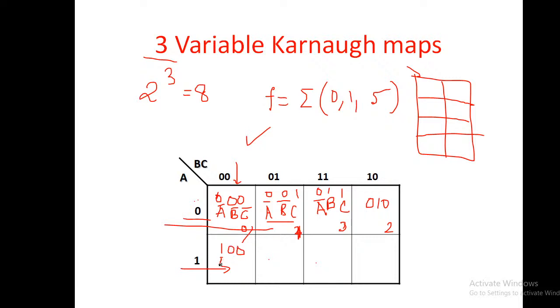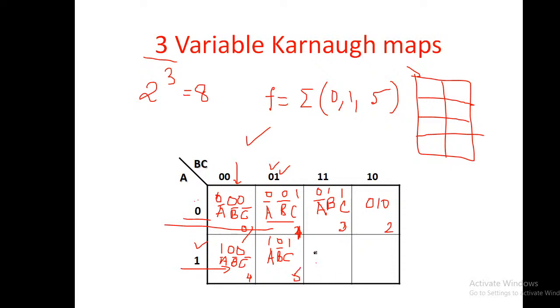So that's why it will be A, B bar, C bar, which is 4, the cell value is 4. Then it will be A, B bar, C. Why I am writing this way? Because A value is 1, then B is 0, then C is 1. So A, B bar, C. So this value is 1, 0, 1, right? So that's why it is 5.